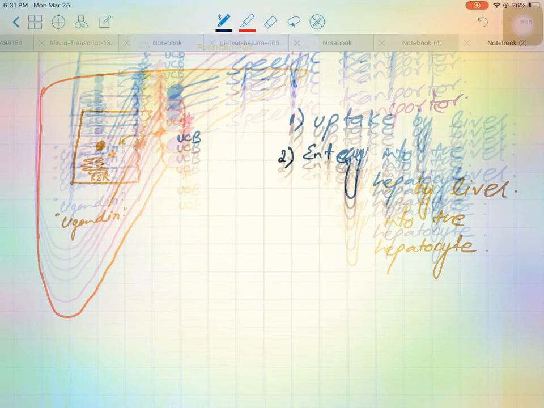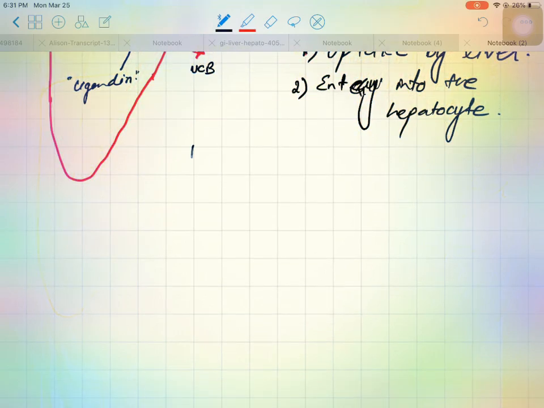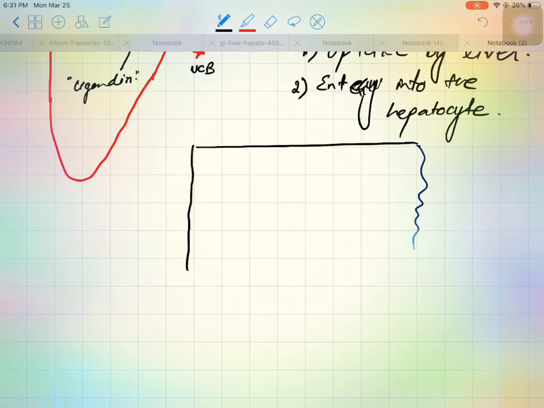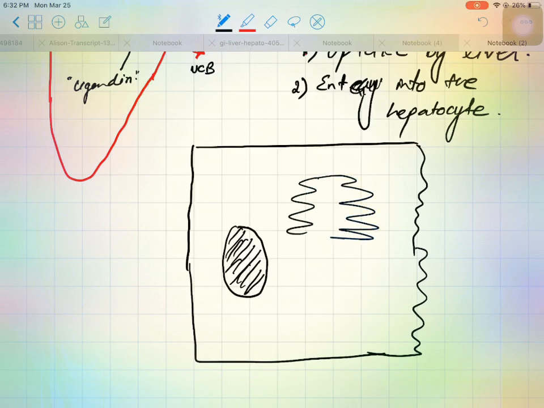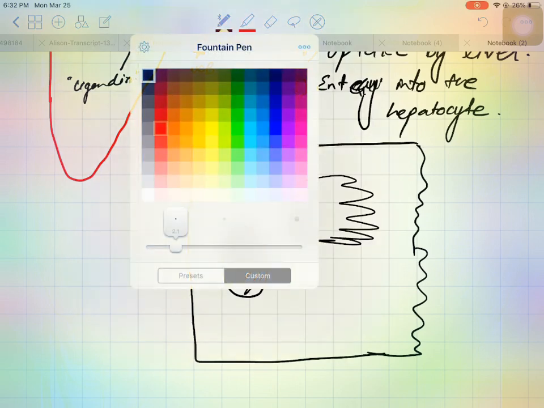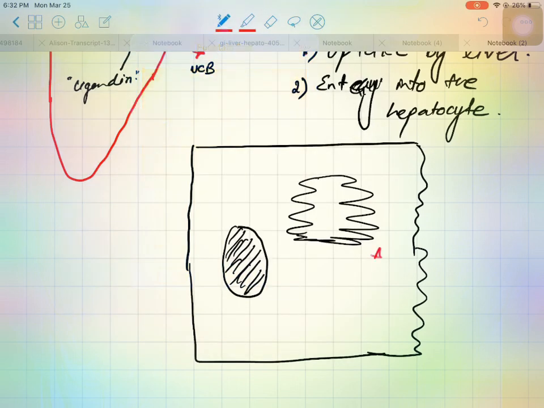Once it reaches the hepatocyte, for example here I will draw a big hepatocyte. This is the nucleus of the hepatocyte, and here is the rough endoplasmic reticulum. The unconjugated bilirubin enters the hepatocyte and the rough endoplasmic reticulum.